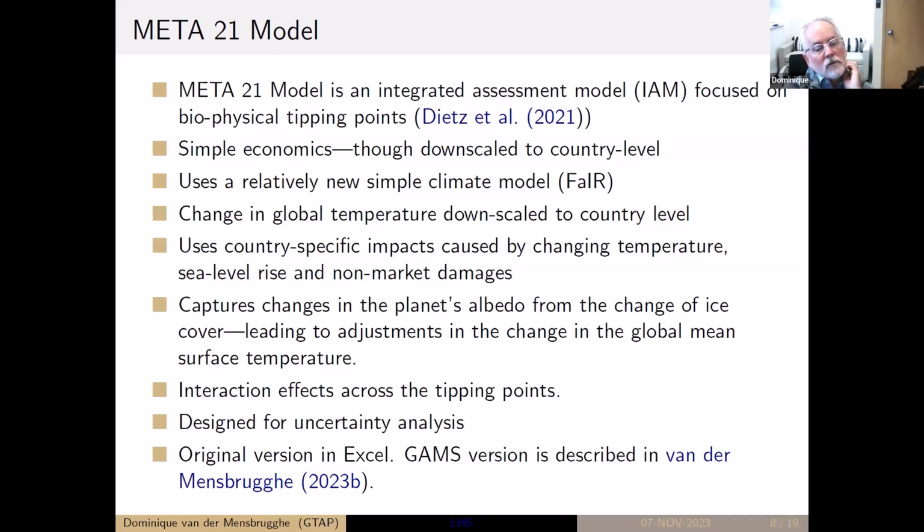One of the most interesting features is they also have interaction effects across the tipping points. So one of the tipping points, for example, is the Amazon dieback, and that may impact, for example, the sea level rise through the Antarctic ice sheet. So they captured these interaction effects as well. The original version of the model was in Excel. I have a GAMS version of it, which replicates the Excel, and I believe the current authors are moving that model now to the MIMI framework from Berkeley University.